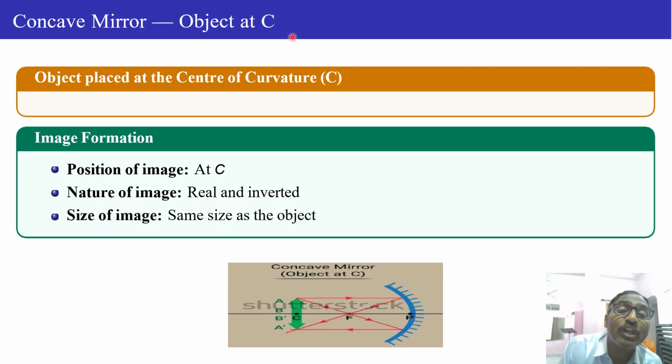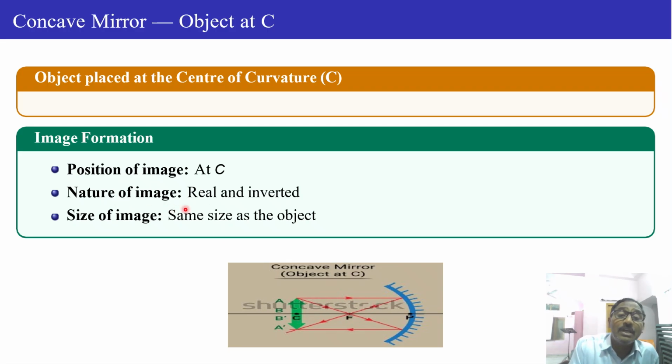So concave mirror, object at C. First I have discussed object beyond center of curvature. After that, at the center of curvature, image formation, position of image at C, at center of curvature only.